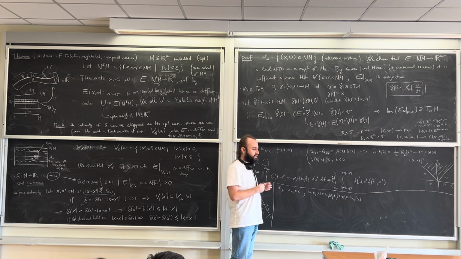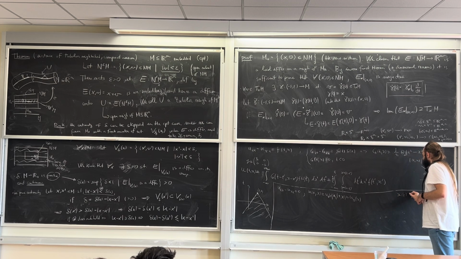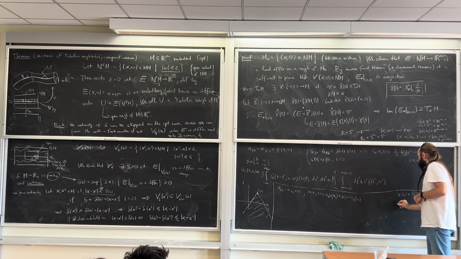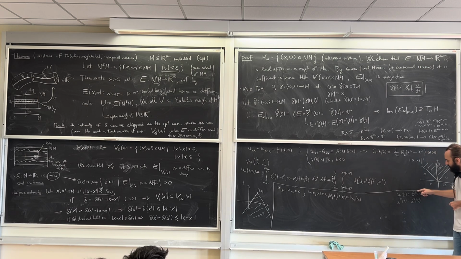And it is more or less clear, because if x of t is Heaviside theta of t, then x prime of t is equal to delta of t, and x double prime is delta prime of t. So we see that this finite displacement can be achieved by this force.